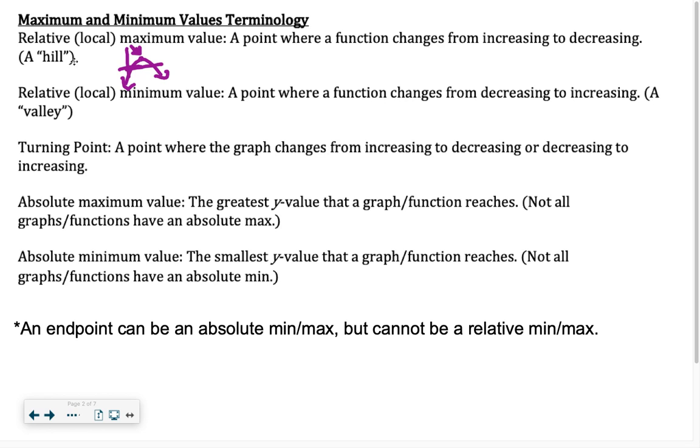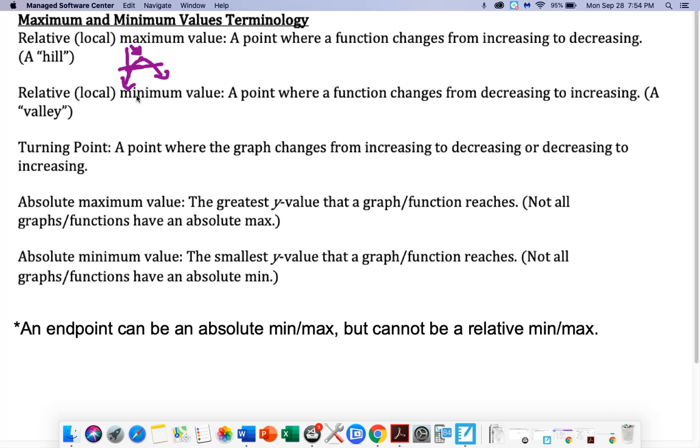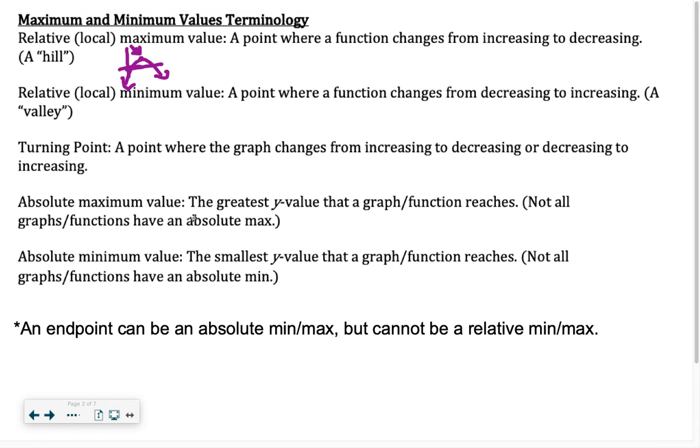And when we're looking at a graph, what we're looking for are the little hills. Okay, that's where we'll see the local or relative maximums. Then for the relative min, similar idea. Okay, we could have a function that does this.